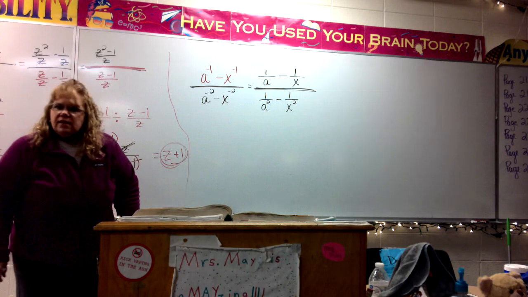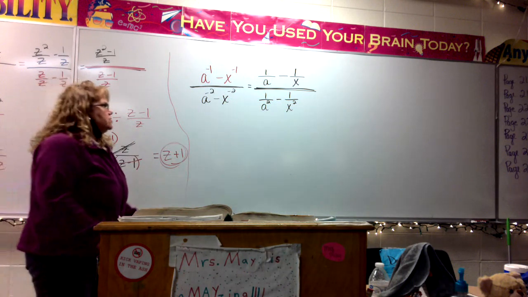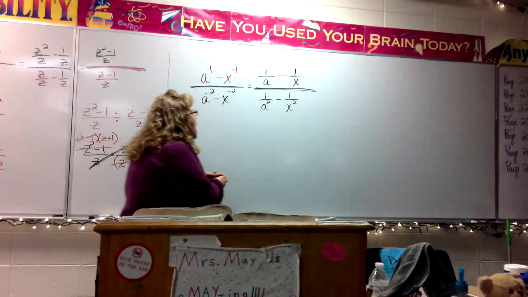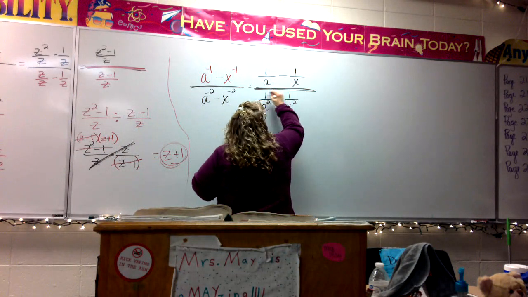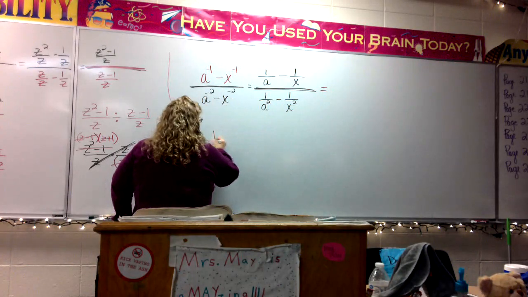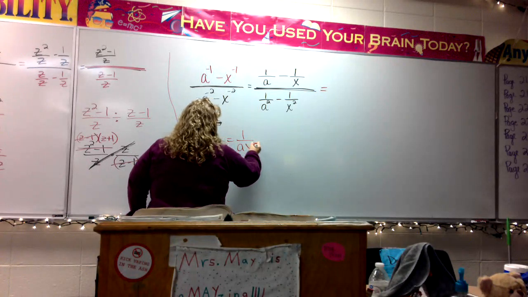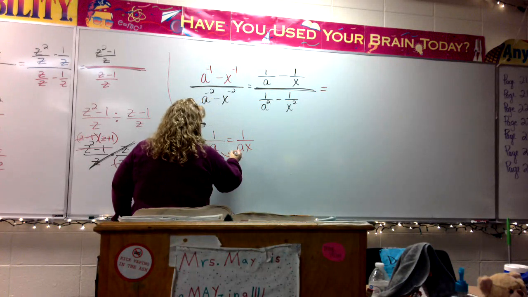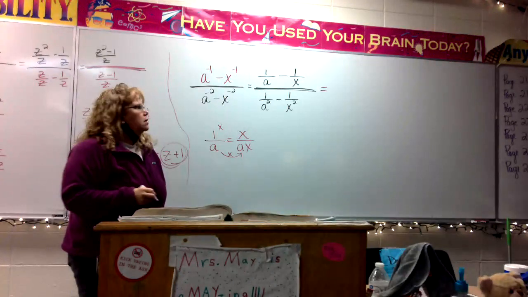Once you have it written like that, the rest of it is just like what we were doing 2 seconds ago. In the top, you need a common denominator. What's your common denominator going to be? ax. It's got to have 1 of each. What do you multiply by? Oops, what am I doing? Is that going to be an x up there?